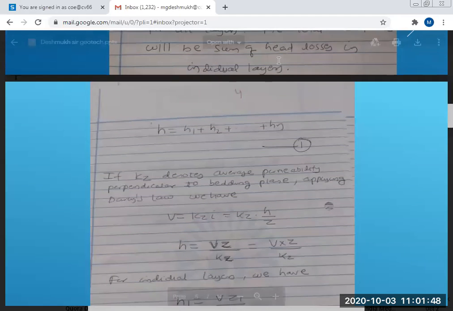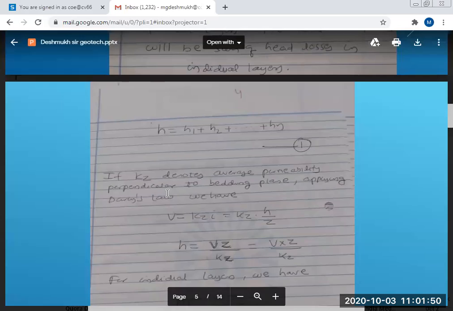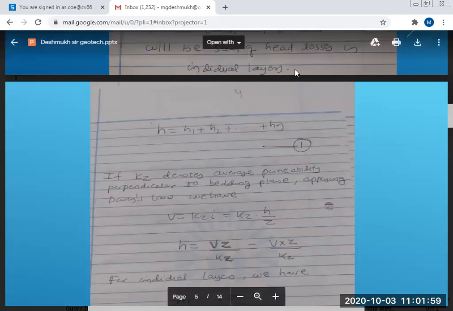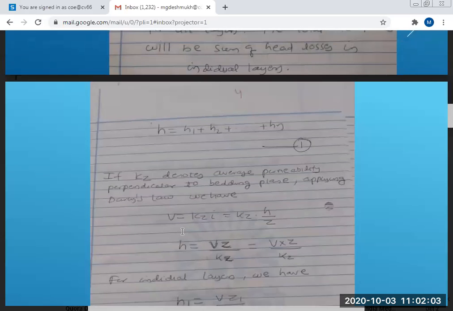And if Kz denotes average permeability perpendicular to the bedding plane, applying Darcy's law, we have V is equal to Kz into I. You remember, isn't it? V is equal to K into I from Darcy's law.